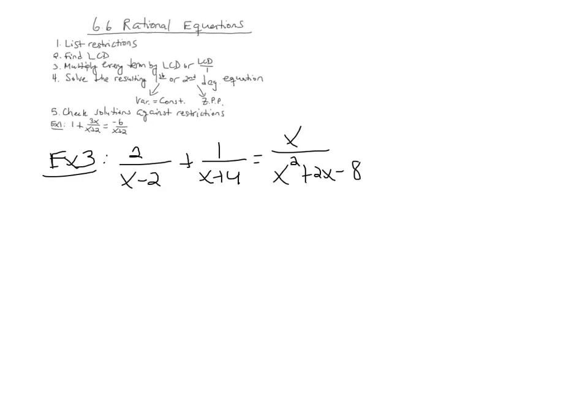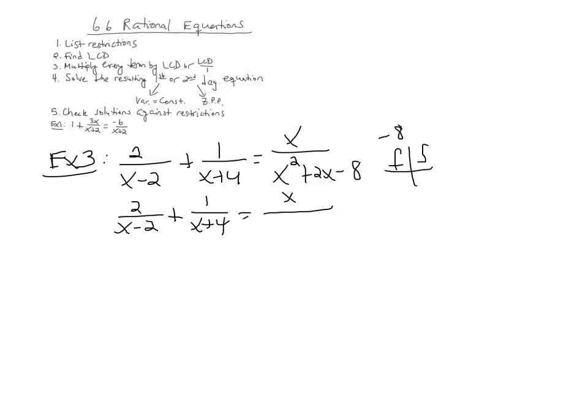All right, algebra scholars, here's a third and final example. To list the restrictions here, we actually need to do some factoring first. It's pretty clear that x can't be 2 from the first fraction, and it's pretty clear that x can't be -4 from the second fraction, but what about this third fraction? We're going to have to factor it to find out.